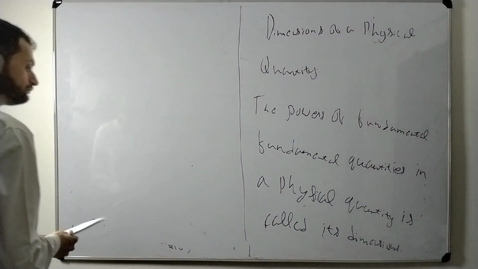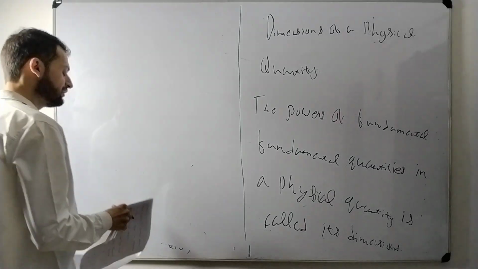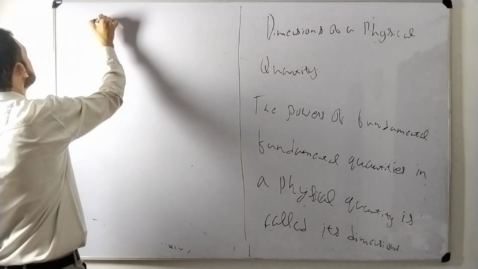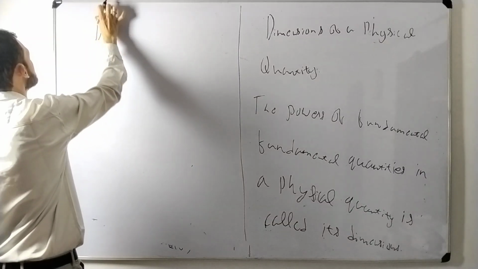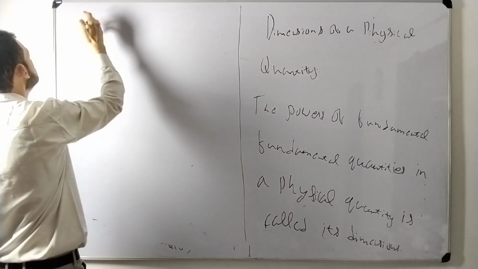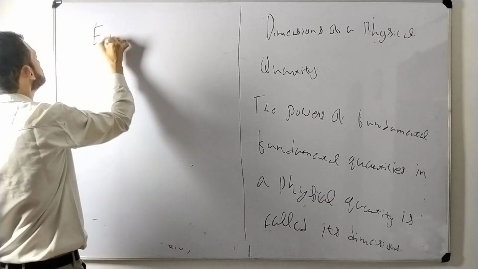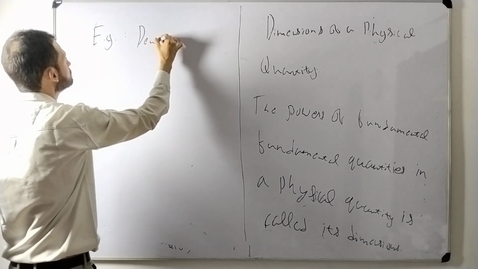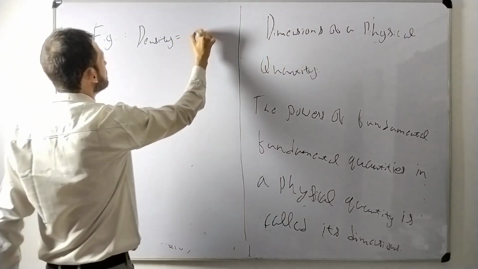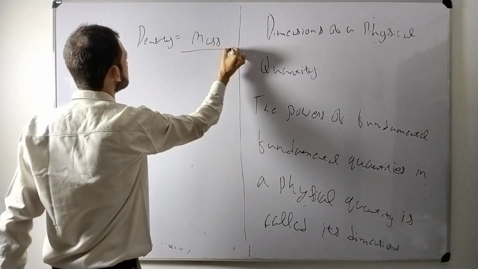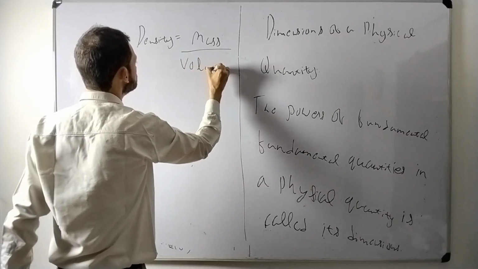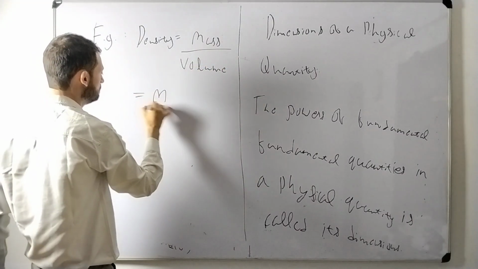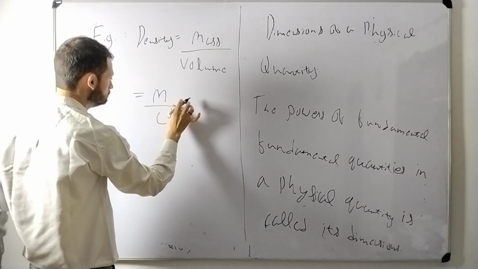So let me explain one for you. Example, density. Density is mass upon volume, M upon L cube.